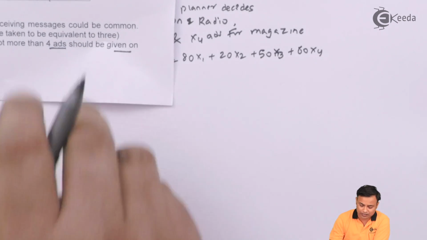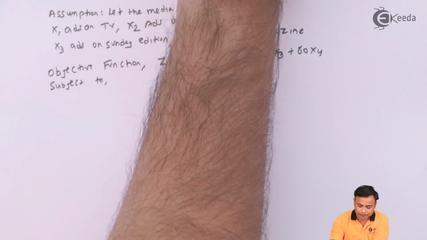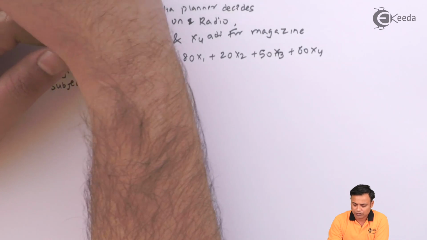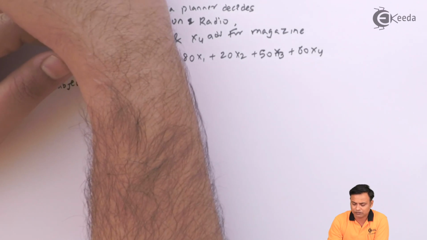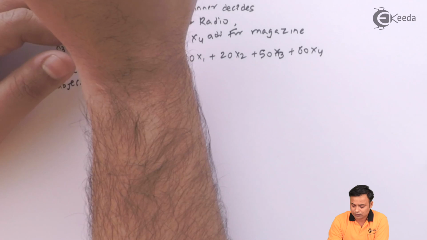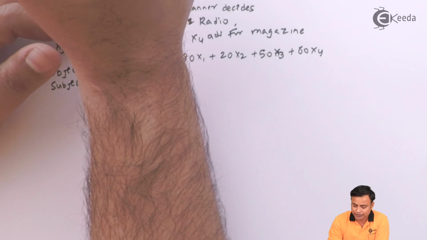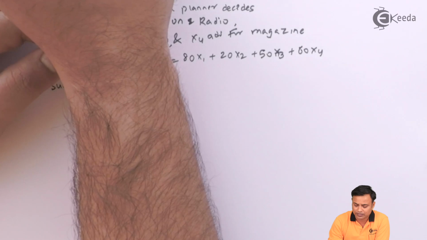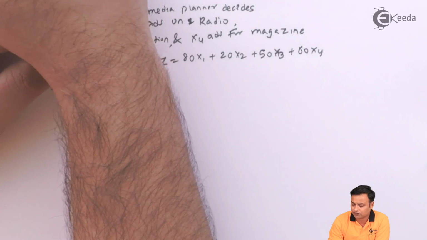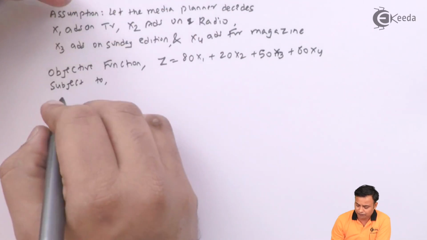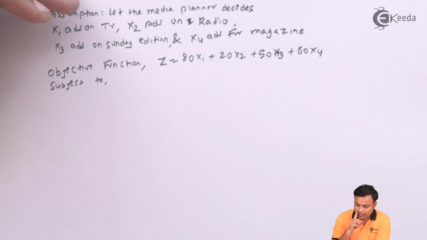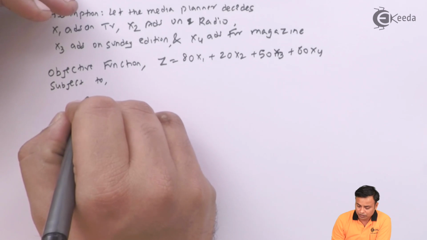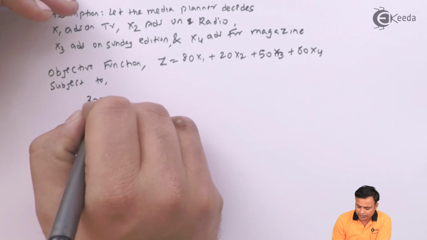The first thing they are giving us is the number of families expected to be covered, and here we are given that at least 40,000 families should be covered. Since we are using the words at least, it will be 3000 x1 plus 7000 x2 plus 5000 x3 plus 2000 x4. That is the number of families that are going to get covered under this advertisement.